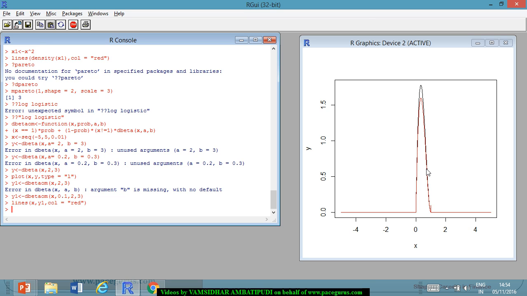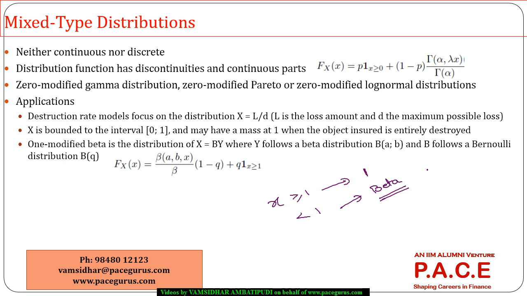The same thing you could create, rbeta as well as rbeta1 modified, and you could see how the random values are slightly changing. So these are typically your mixed distributions, wherein in some cases it is following a beta distribution, whereas in some other cases it is not following.